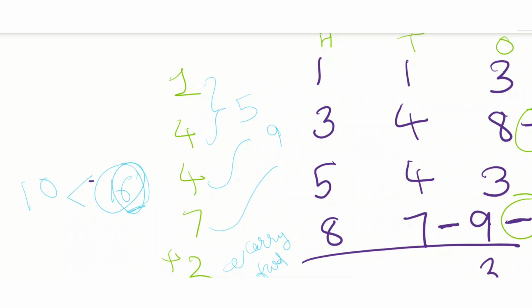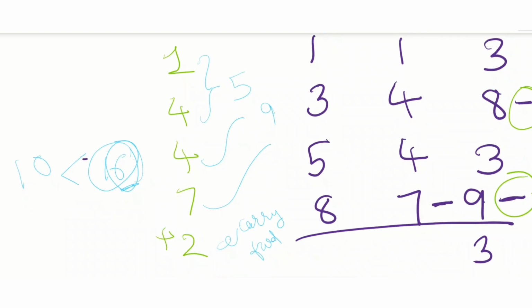Now 7 is the last number in the tens row, but we should not forget about the carry forward that we have over here, that is a plus of 2. That is the number of dashes in the previous column, which is the ones column. Once we've done that, we have to add 2 to the final answer, which is 6. So 6 plus 2 gives us 8. So that is what we're going to write down here, 8.